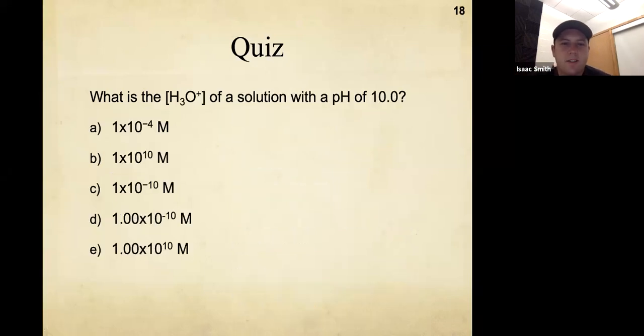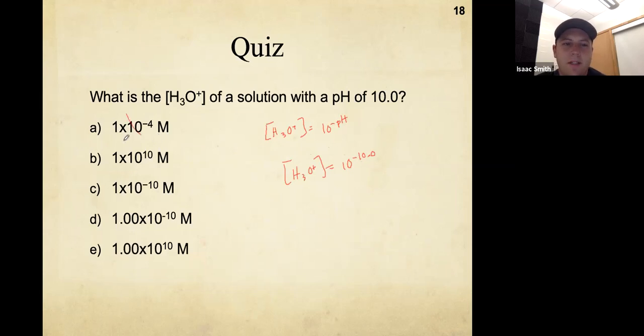All right, let's go ahead and try this one. If you remember, out of the 2 equations I said were most important from this lecture, the first one was that H3O plus concentration equals 10 to the negative pH, right? Well, we have the pH here, so H3O plus equals 10 to the negative 10.0.